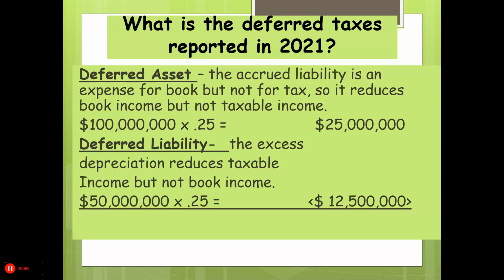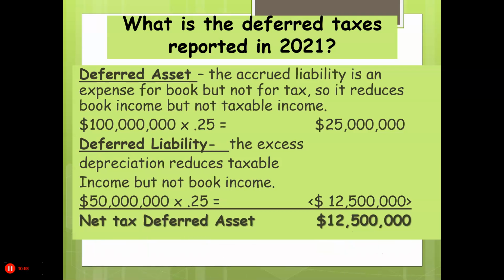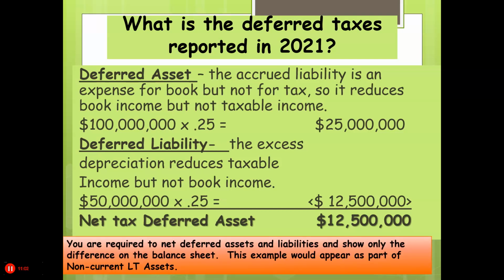The excess depreciation reduces taxable income, but not book income. So we have a net deferred tax asset, because remember, we always have to net them together when we look at them on the balance sheet.